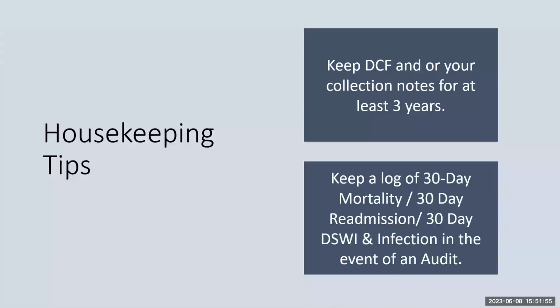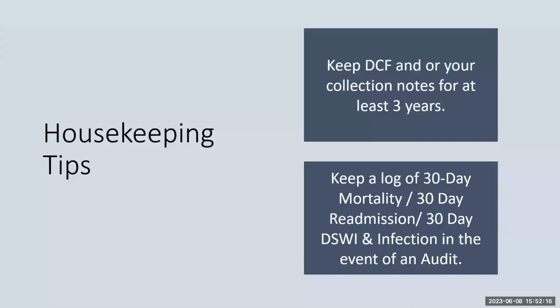You want to make sure that you have a log of your 30-day mortality, 30-day readmission, and 30-day infection information in the event of an audit. It doesn't have to be a fancy log.